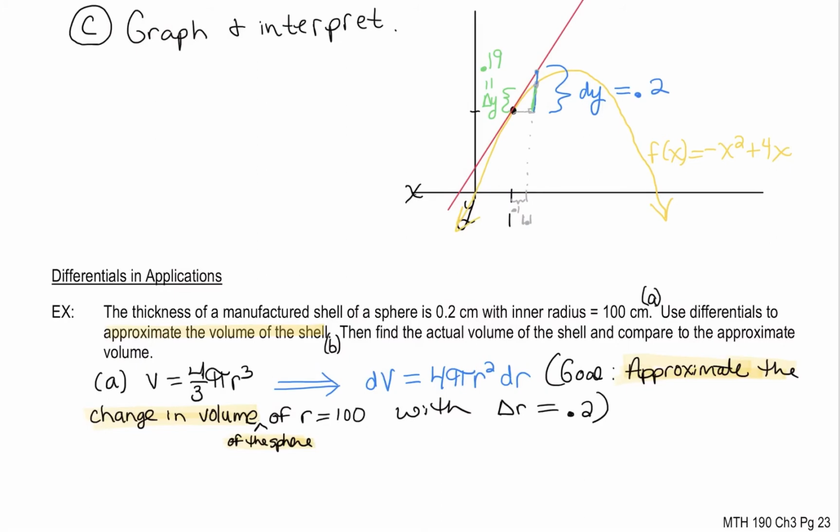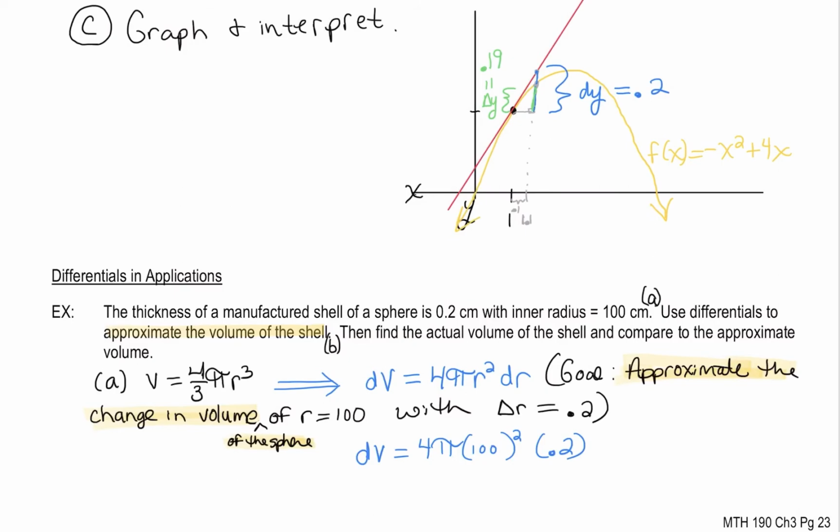So we now have our dV. We've rephrased this a little bit, so let's get back to work on the dV part here. Our dV is going to be 4 pi. Our r in this case is 100 squared. And the change in r, the delta r, is the same thing as the dr, and in this case this is our 2/10.